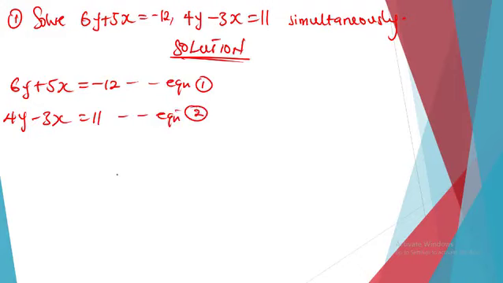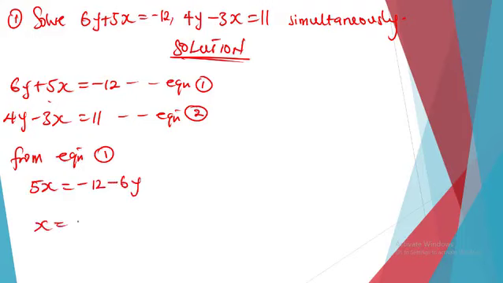Okay, now from equation 1 we will make one of the unknown variables the subject of the formula. So from equation 1, 5x is equal to minus 12 minus 6y. We're trying to make x the subject of the formula.